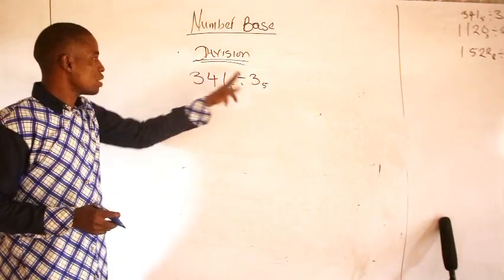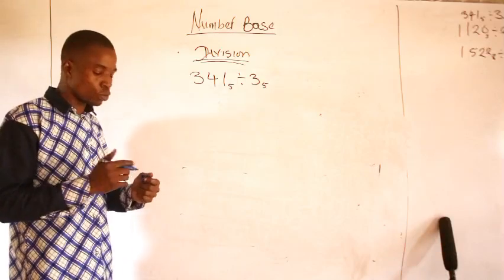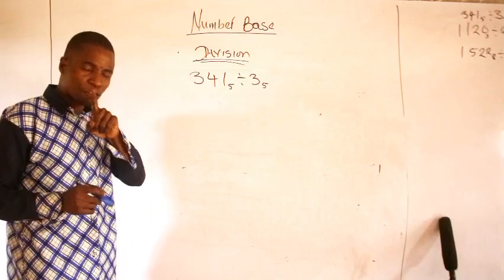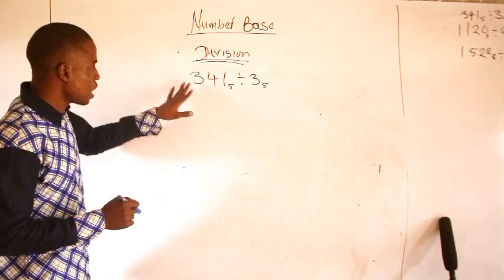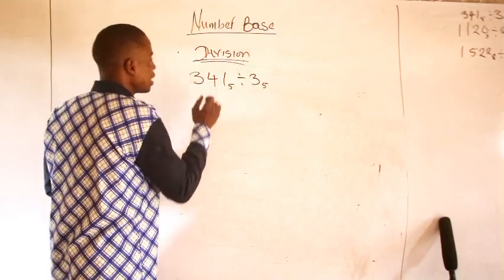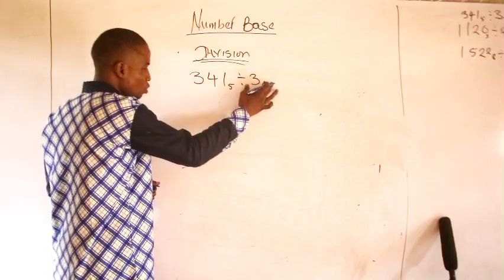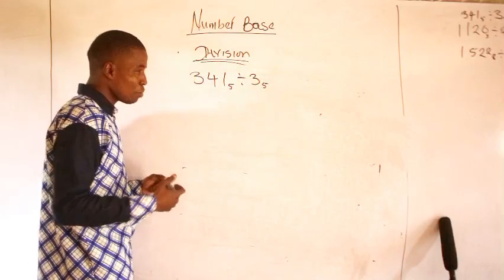How can we know this one divided by this? It's very simple. We have 2 methods, but the one that will be fast for you is the one I want to teach you. First, you convert this one to base 10, and this one to base 10, because you are familiar with base 10. You need to be fast.